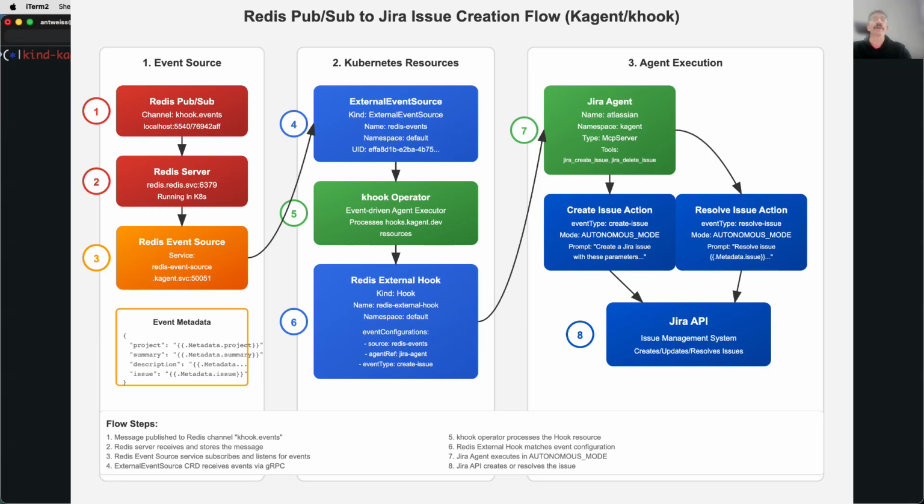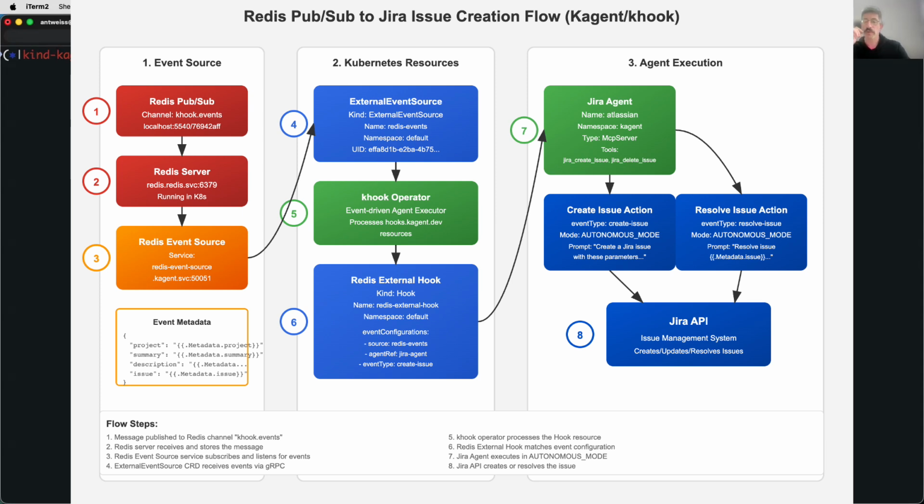So basically, let's see what we have here. The basic idea is that we're getting events from a Redis pub/sub queue, and those events will be about Jira. We have an agent in Kagent that is a Jira agent, which is connected to a Jira MCP, and that allows it to read issues from Jira and also to create issues in Jira.